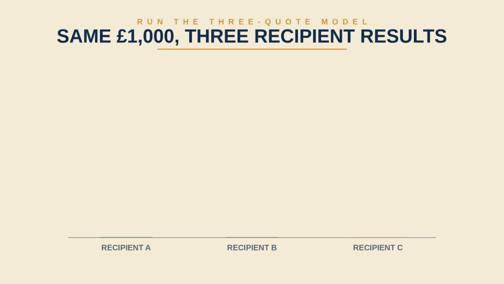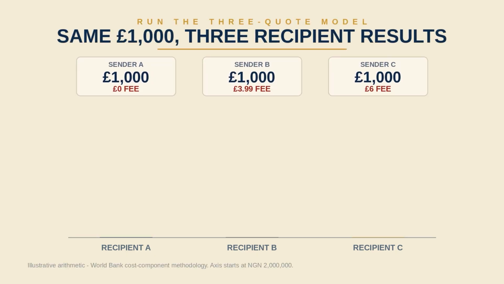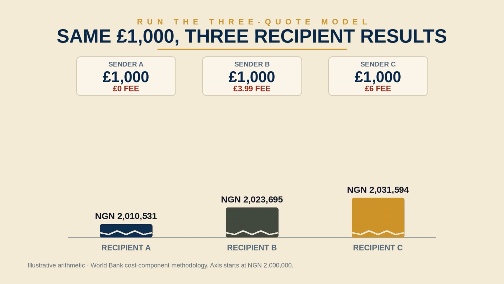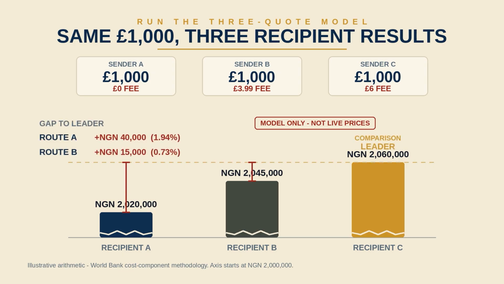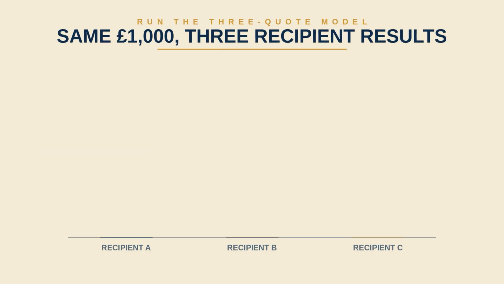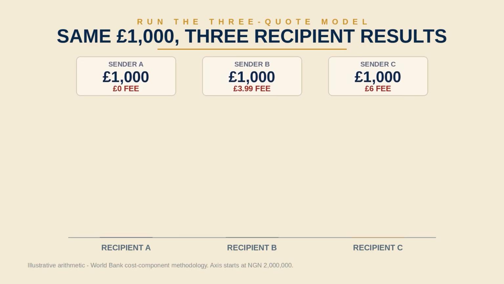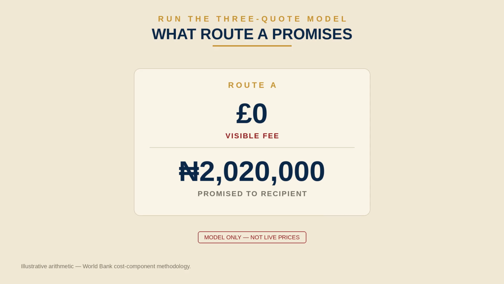Now run the controlled model. These are invented numbers designed to teach the arithmetic. They are not provider quotes, and they must be replaced if the production edit names a real service. Every route debits exactly £1,000. Route A advertises a £0 fee and promises 2,020,000 naira.